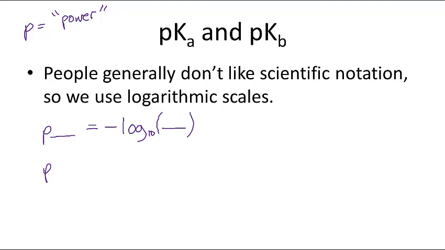So pKa is going to be the negative log base 10 of the Ka. pKb is going to be the negative log base 10 of Kb.